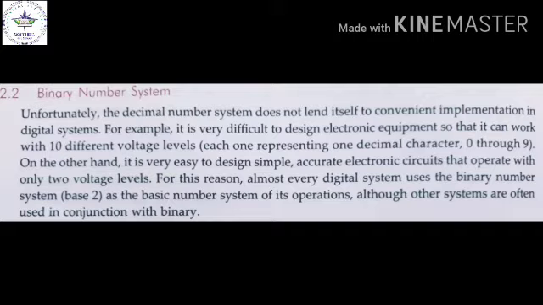This is a base 2 system and it can represent any quantity that can be represented in decimal or other number systems. This binary system is also a positional value system wherein each binary digit has its own value or weightage expressed as a power of 2.